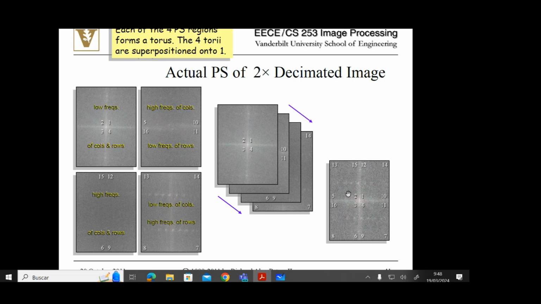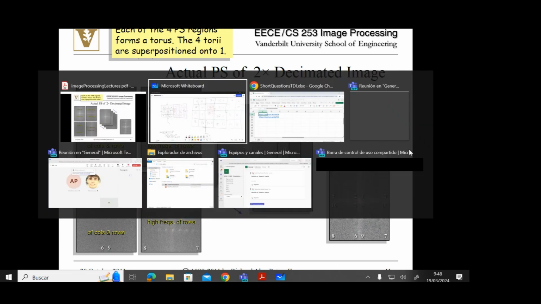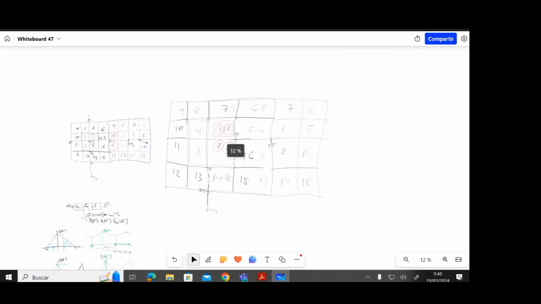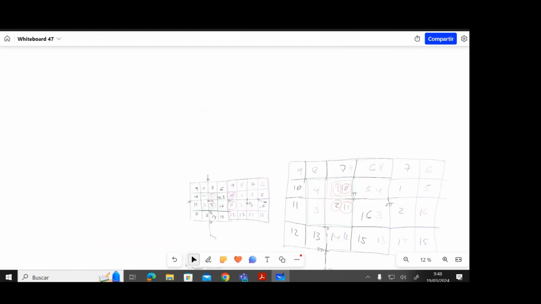Okay, so at the end, what we see is that there is a lot of aliasing. We are saved by something. Aliasing in principle shouldn't be so important for one reason that we mentioned the other day.